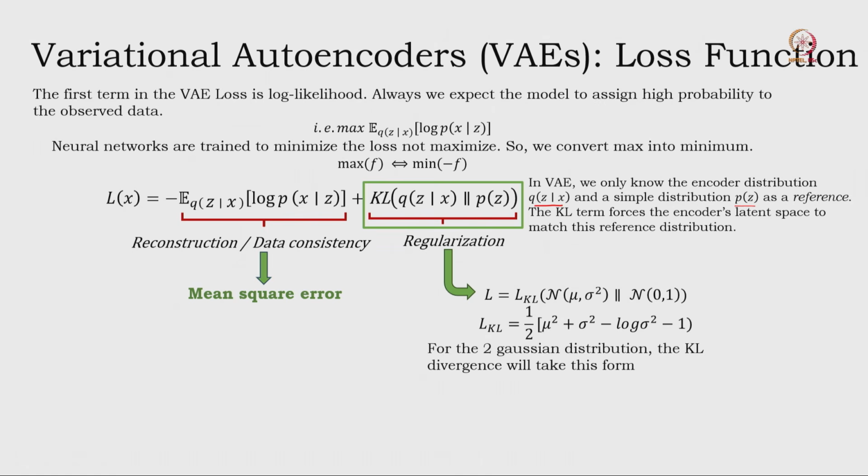This is the assumption that we made, and that is the reference for Q of Z given X. So what does this KL divergence do? It forces the encoder latent space to match this reference distribution. Because of this, we are using a regularization term, and here we have two distributions. Both are normal distributions, where the reference has mean 0 and variance 1.